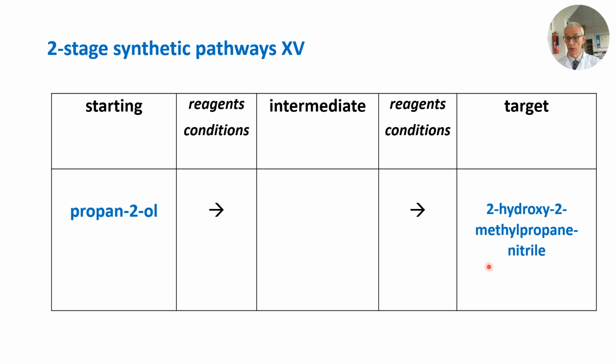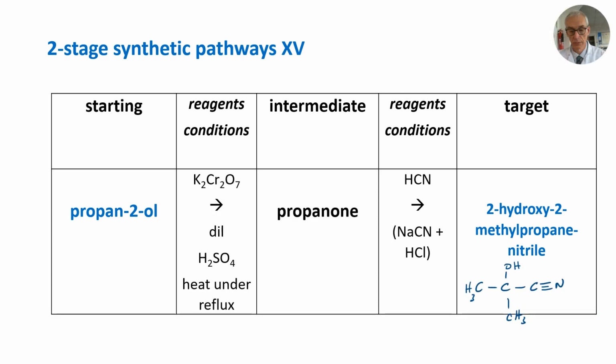So I'm going to reveal. So here is 2-hydroxy-2-methyl propane nitrile, and that is produced by the addition of hydrogen cyanide to propanone.